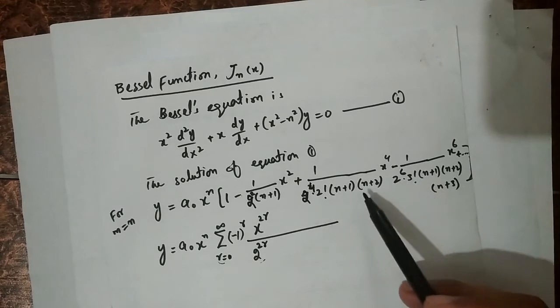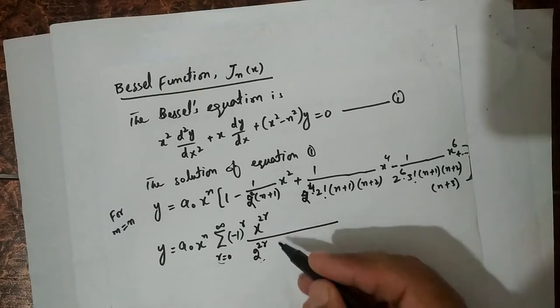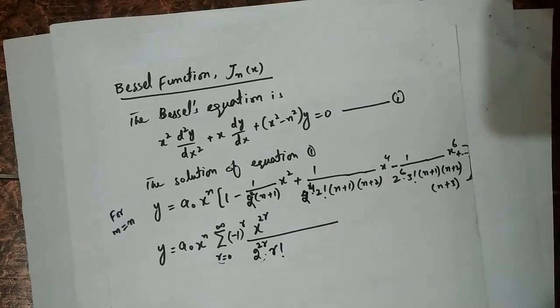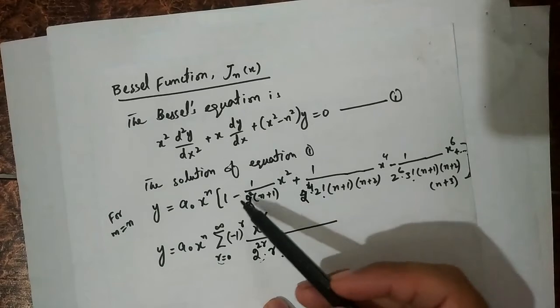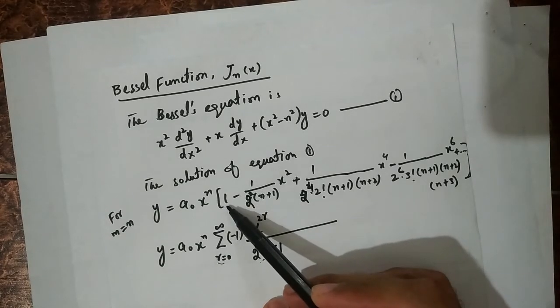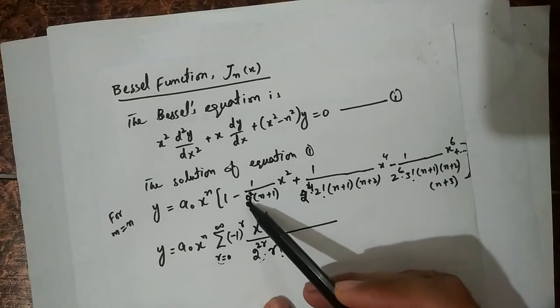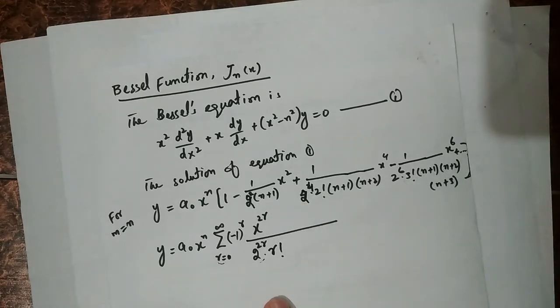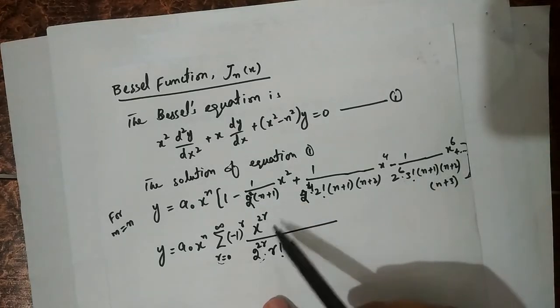So here we can write it as r factorial. Clear? Because here in the denominator we have 0 factorial, in this term we have 1 factorial, 2 factorial, 3 factorial, 4 factorial, and so on.